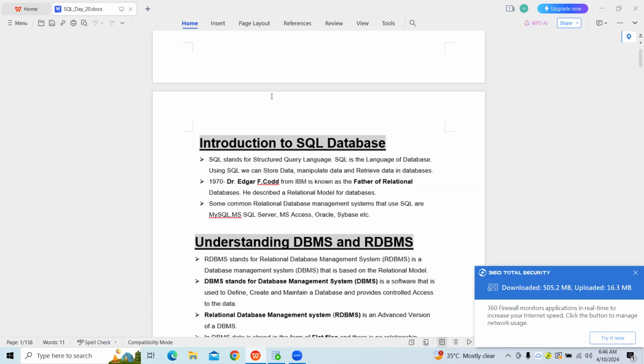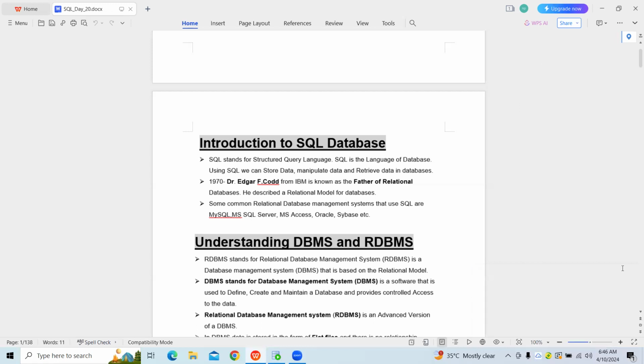So we call this person the father of the relational database. Apart from the Oracle database, we have some other databases which use this language SQL. They are MySQL, MS SQL Server, MS Access, Oracle, Sybase, etc. So these are the common databases that use SQL.